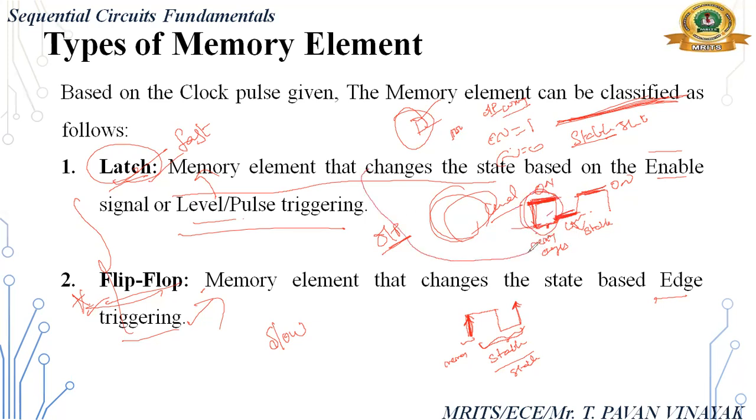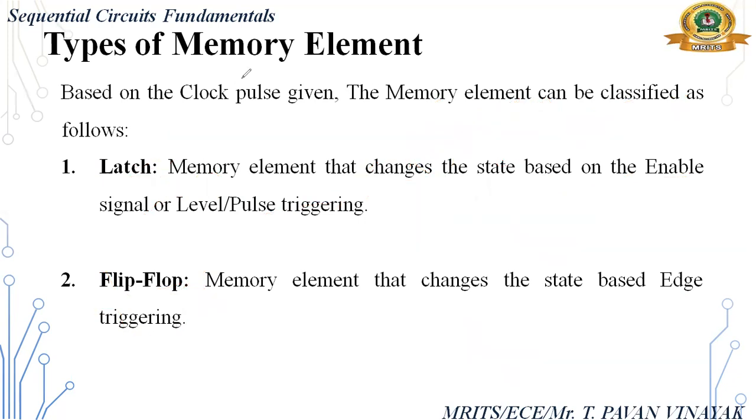This memory output is given to the combinational circuit, and if the combinational circuit has some delay, we get wrong outputs. That is the disadvantage of latch. So the latch is fast, the flip flop is slow. We use level triggering in one, and edge triggering in the other.